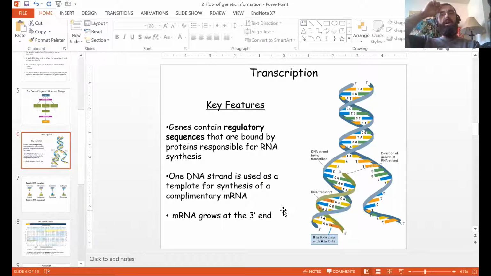So transcription essentially consists of various stages. We're going to talk about this in more depth later. It's really the starting of the process of transcription, right, which is down to these regulatory sequences, and the actual mechanics of producing the mRNA transcript or the RNA transcript, right?